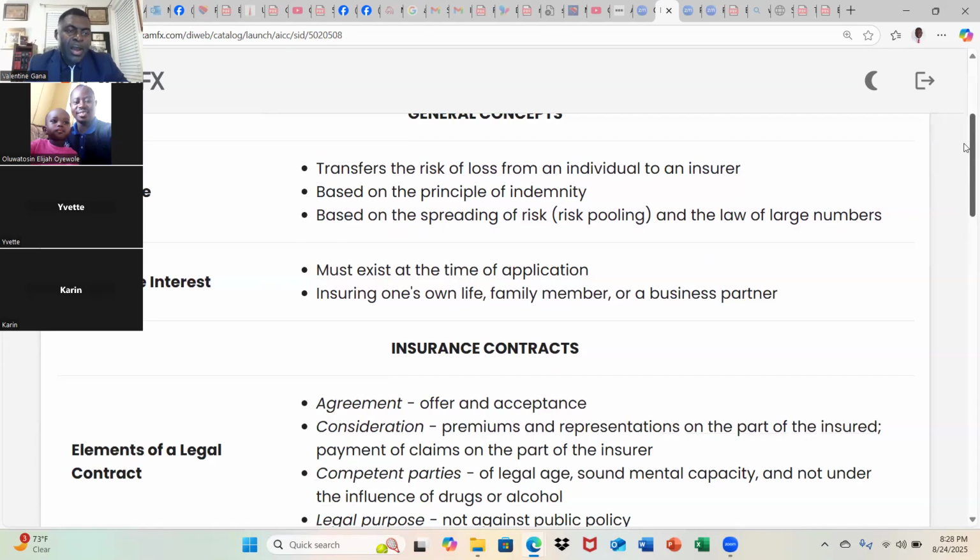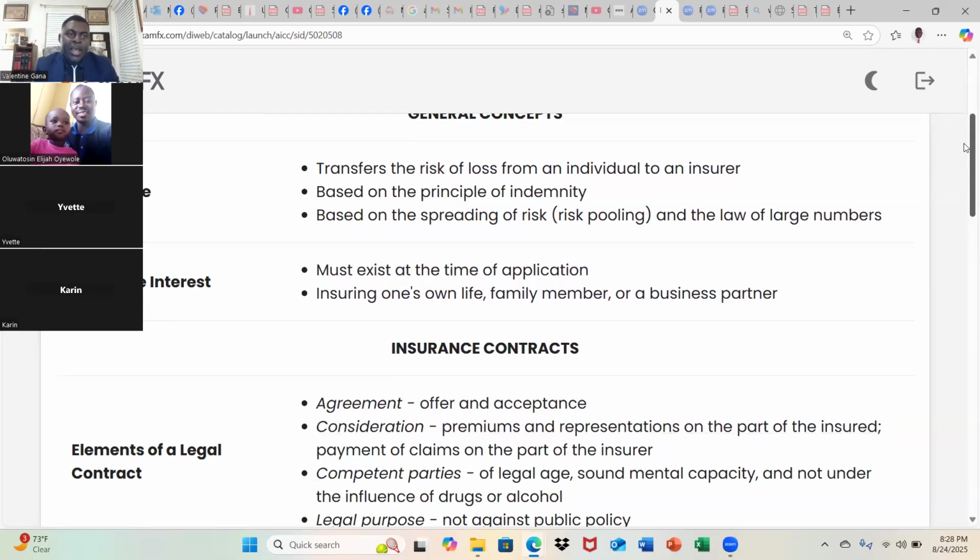You hear a lot, they'll talk about the principle of insurable interest. Insurable interest is something that must exist at the time of the application. And what is insurable interest? Insurable interest is defined as those familial relationships between the owner of a policy and the insured.